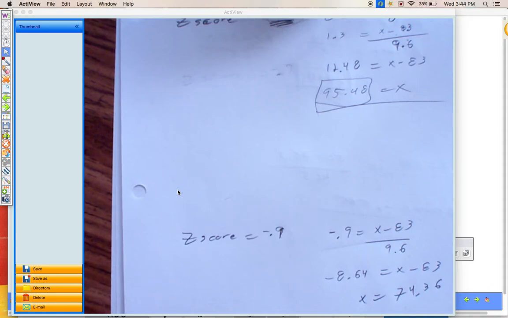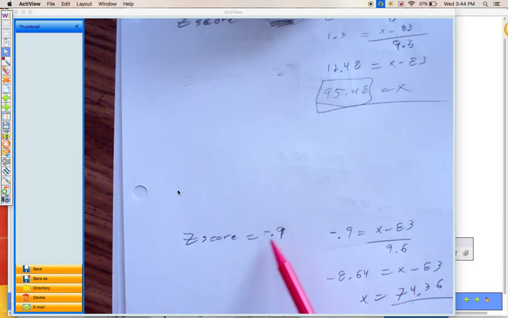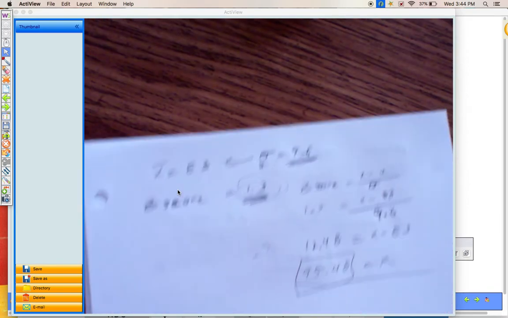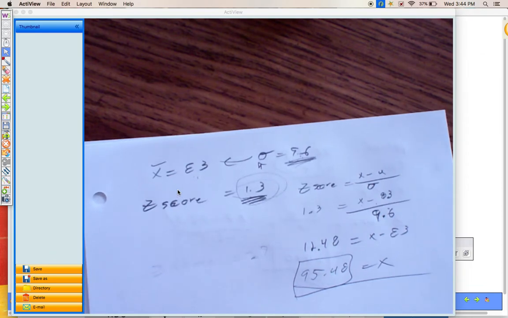So negative 0.9 equals x minus 83 over 9.6. Solve by multiplying by 9.6, add an 83, and we get the value of 74.36. Since my z-score is negative, 74.36 is almost 1 standard deviation below my mean. All right, that's the math.